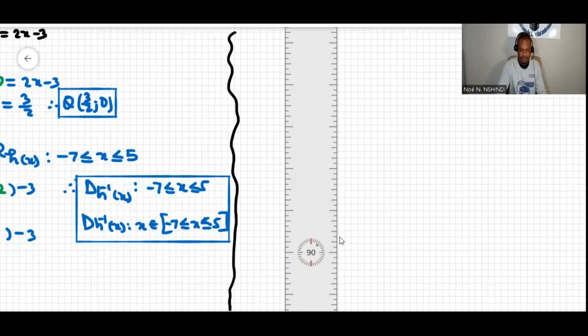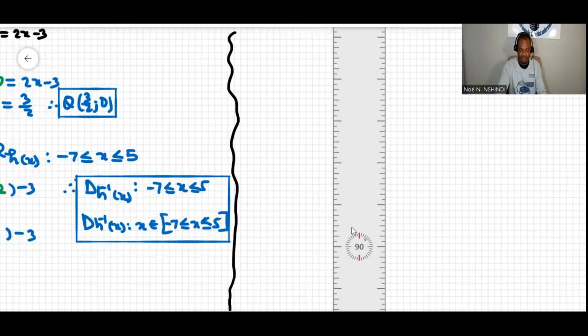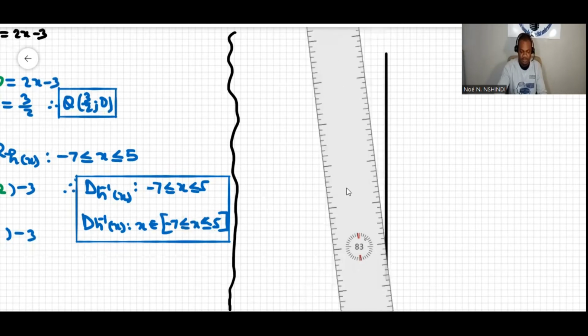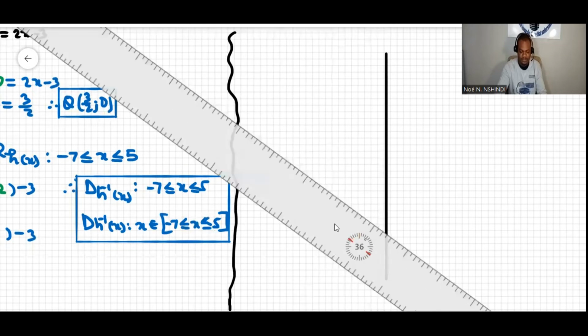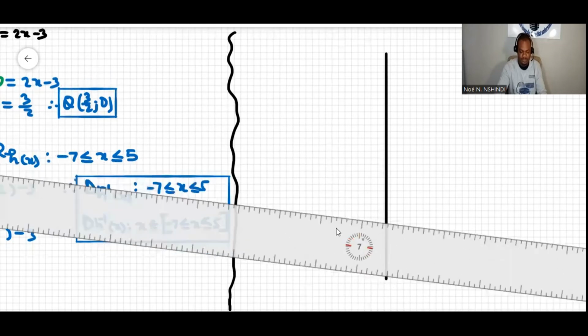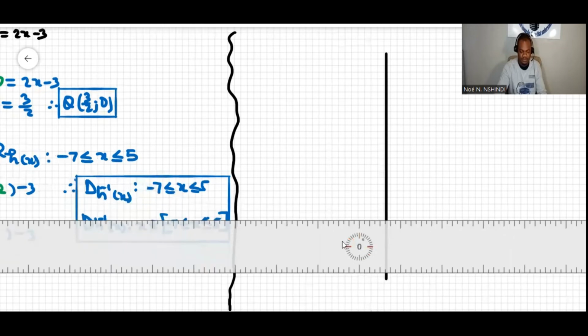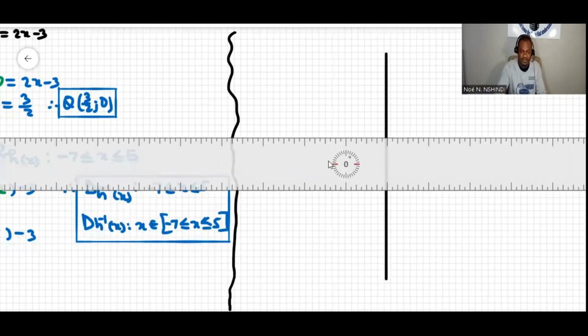Let's draw the y-axis, and then the x-axis.